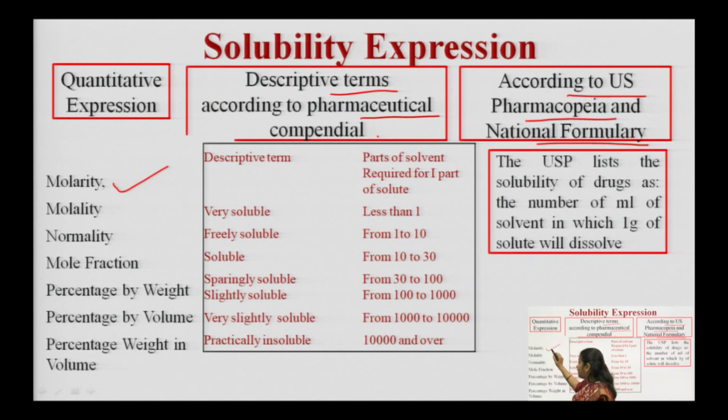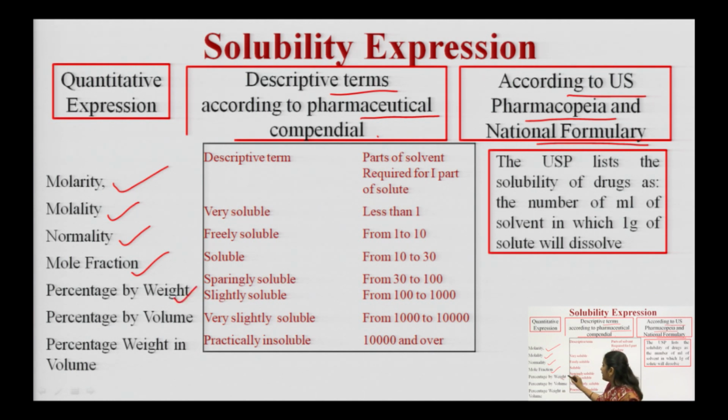Molality is the number of moles of solute present in 1 kg of solvent. Normality is the number of gram equivalent weight of solute present in 1 liter of solution. Mole fraction is the number of moles of solute divided by the total number of moles of solute plus solvent.